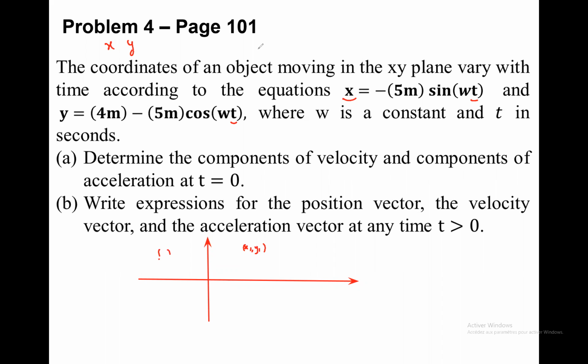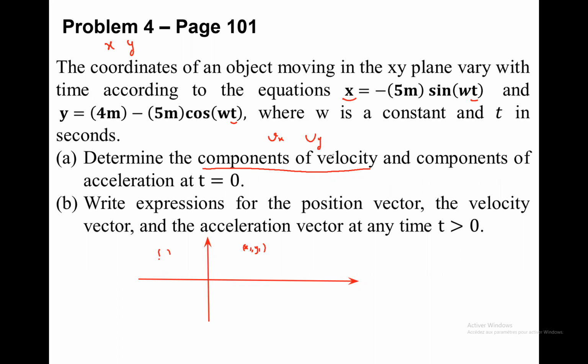The question is: find or determine the components of velocity and components of acceleration at time t equal to 0. Components of velocity, we have Vx and Vy. If you say the vector V, you have to calculate the V vector, Vx vector and Vy vector.